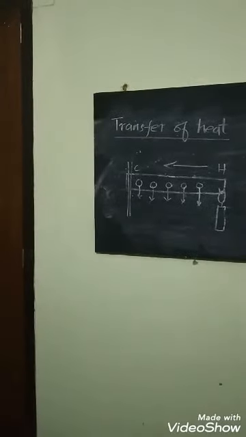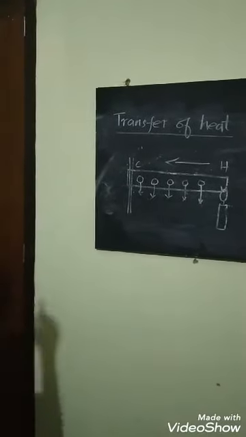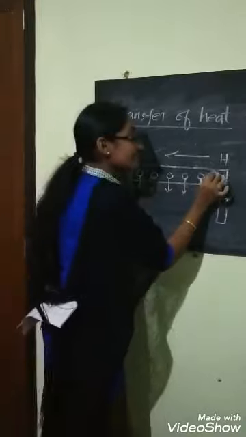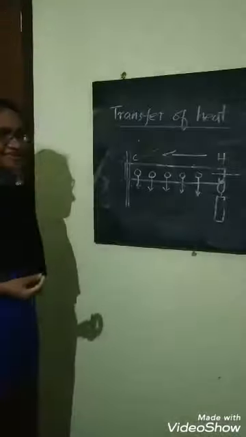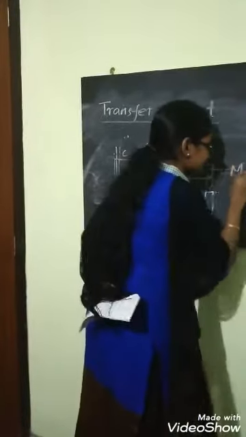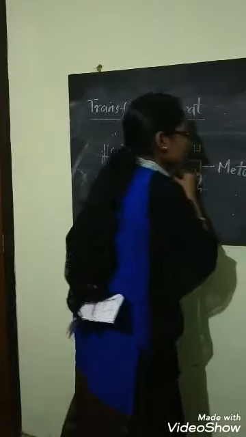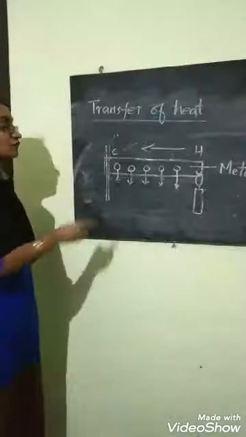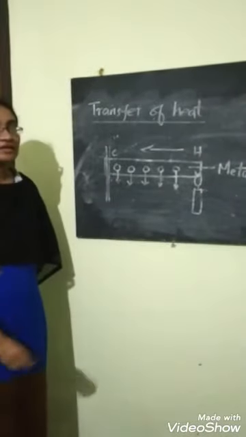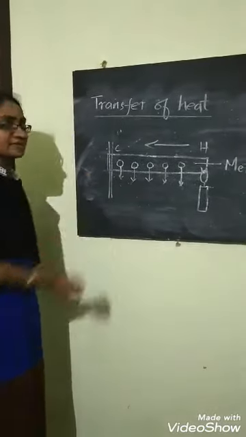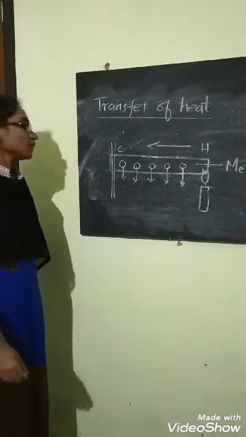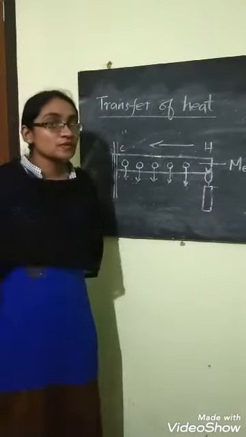Now I am explaining that here we used an iron or metal scale. This is metal. If I take a wooden scale here, is it possible for the wax to fall? No. Why is it so?